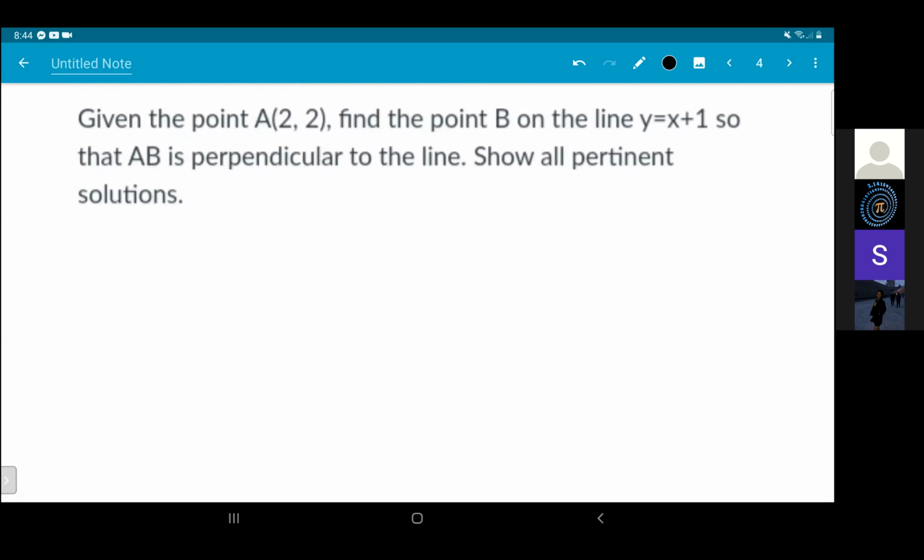Okay, given the point A (2, 2), find the point B on the line y equals x plus 1 so that AB is perpendicular to the line. Now, this one is considered to be an A question since this problem tests the student's understanding.